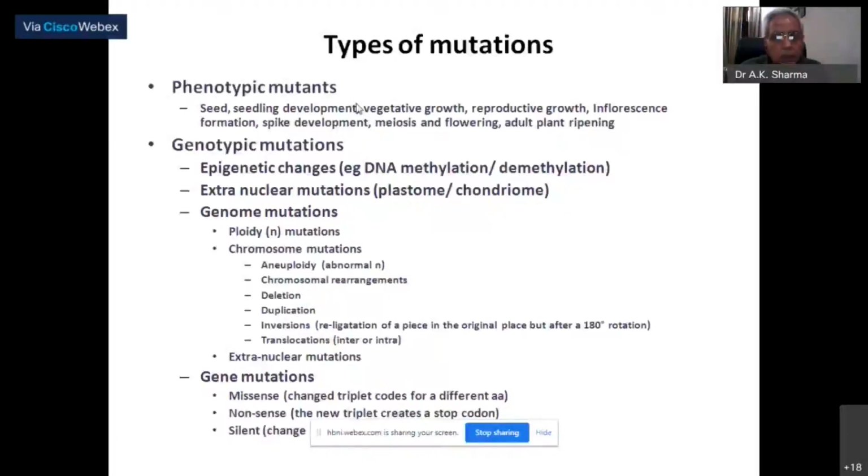But the nuclear changes, the changes taking place in the chromosomes in the nucleus, are the ones which are transmitted from this progeny to the next progeny.